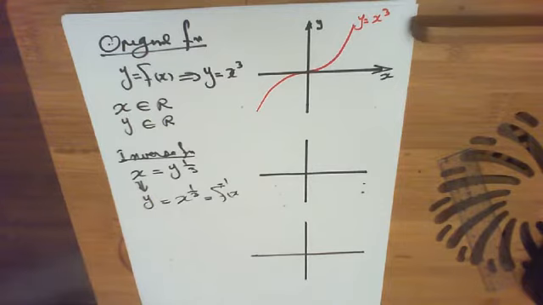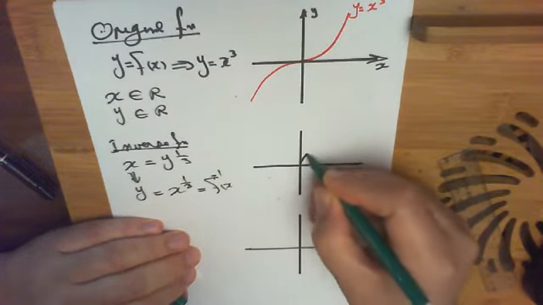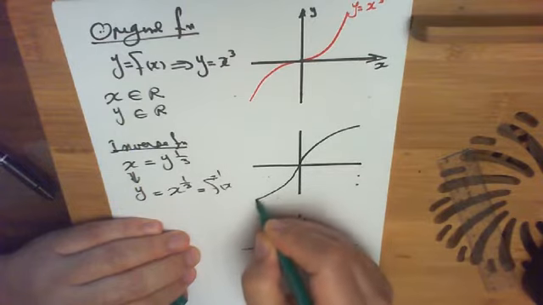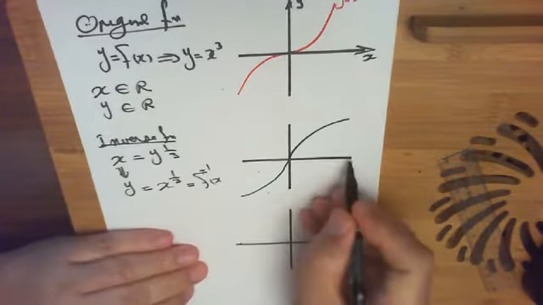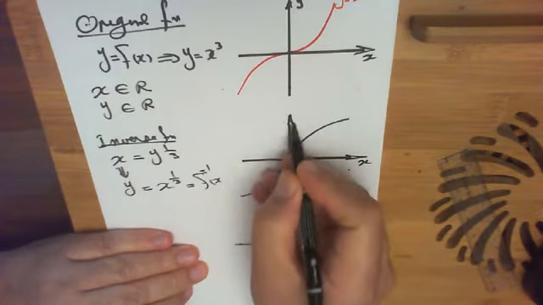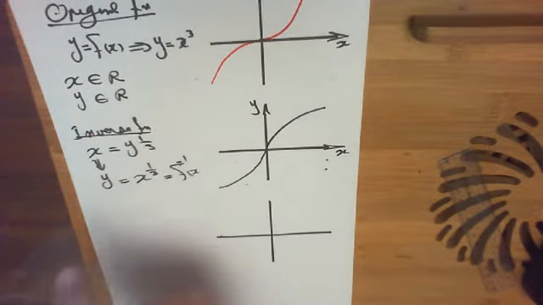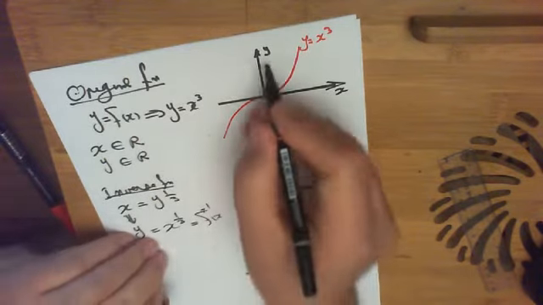Okay, let us draw this function like this. Still x horizontal, still y vertical. Okay, let us redraw the function. This is y equals f of x.